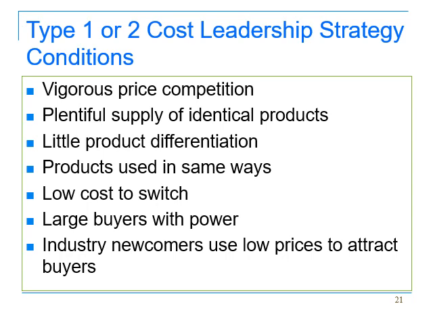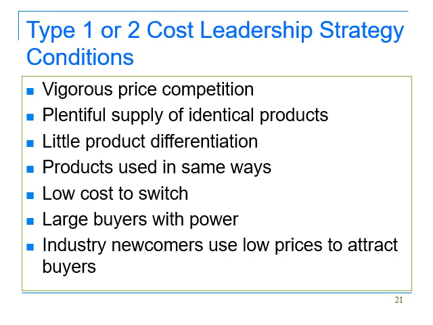Here are some of the further conditions which are mentioned in front of you. They include vigorous price competition, plentiful supply of identical products, little product differentiation, product used in the same way, low cost to switch, large buyers with power, and industry newcomers using low prices to attract buyers.